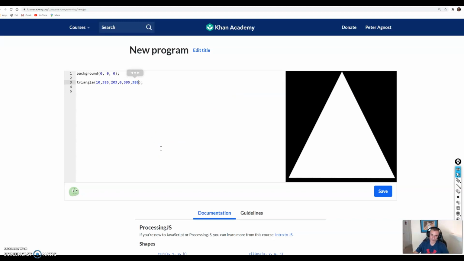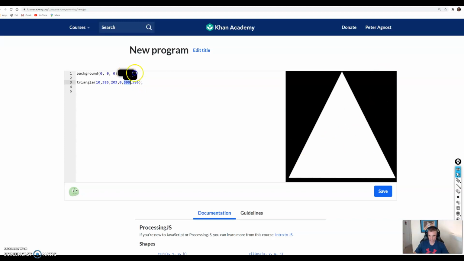So triangles, there's nothing complicated about them, right? We don't have a width, we don't have a height, we don't have a radius like we did with some of the other shapes. We just have three x and y coordinates. But it can take some time to get used to moving a triangle around the screen. For example, now that I have a giant triangle, maybe I want a small triangle in the upper right-hand corner here.